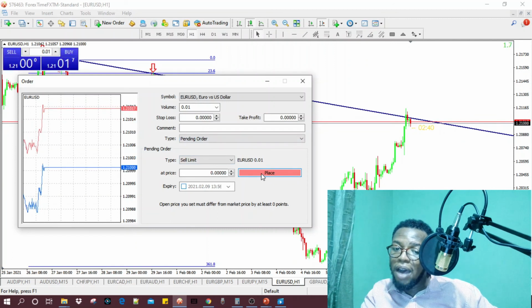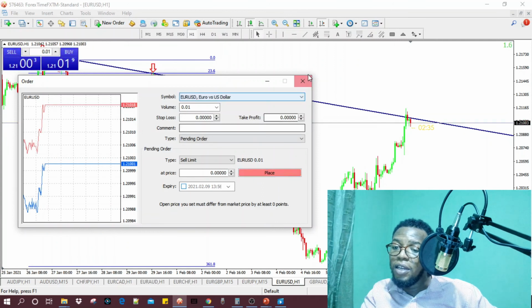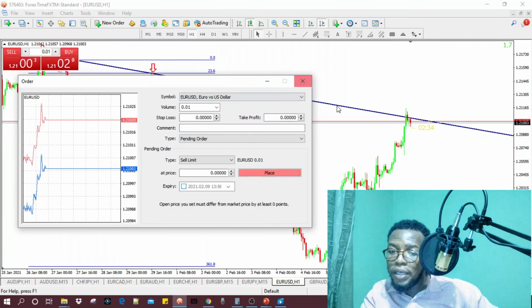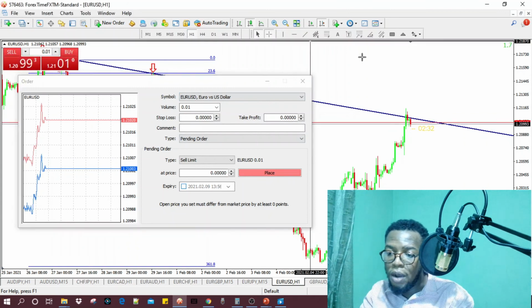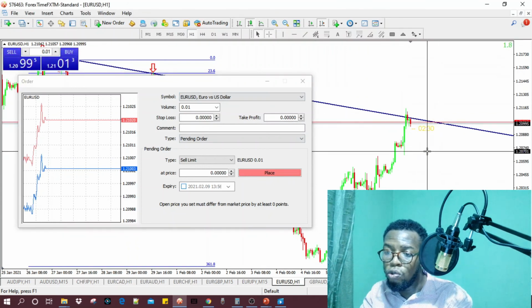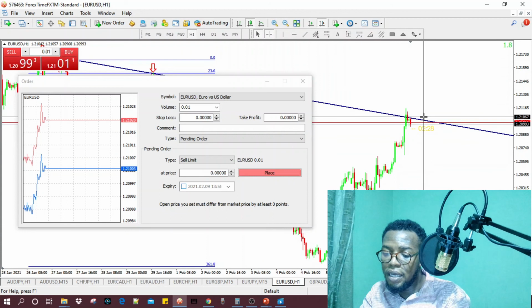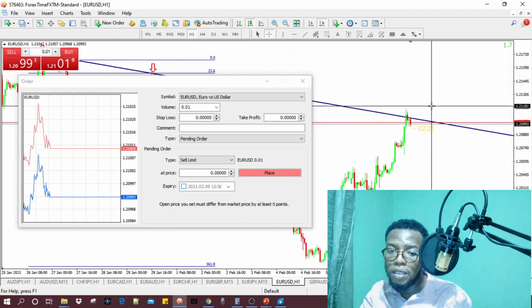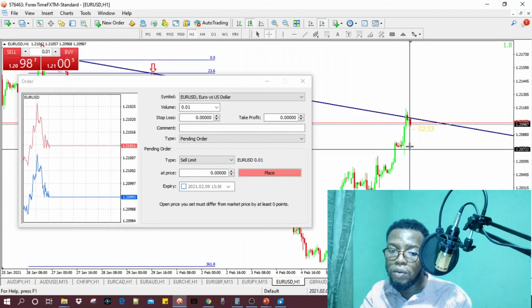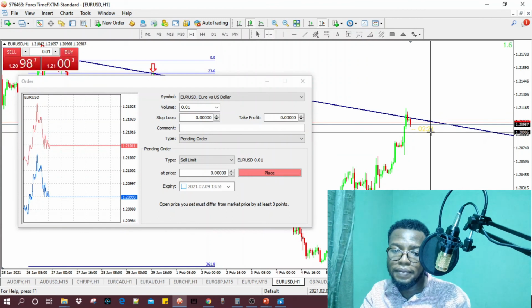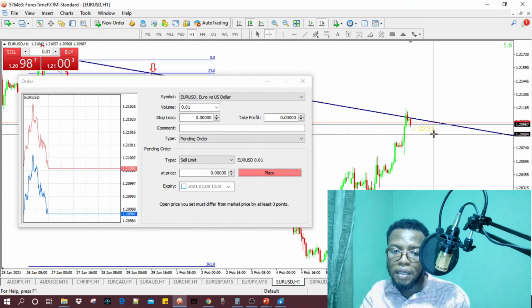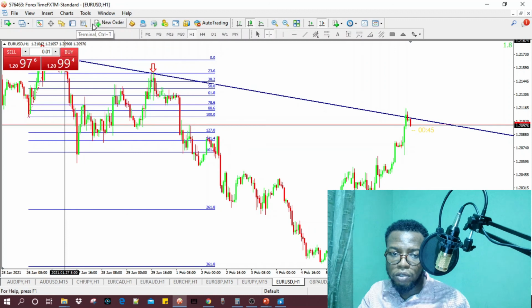notice what is happening. I'll have to place where exactly I want the sell limit order. So I will say, let's say, 1.20380. So the moment I place it, okay, 1.20823.